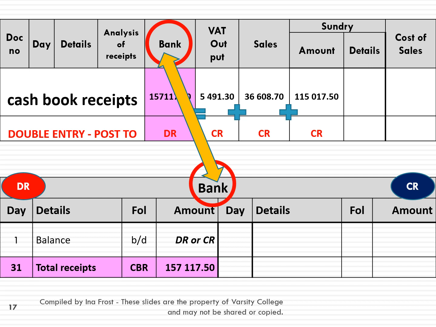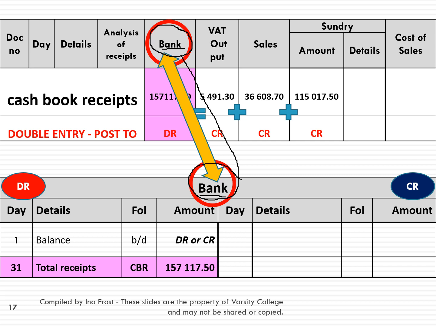So the first thing you have to note, if the column heading said bank, then it has to also say bank in the general ledger. Okay, so you can see my column heading in the cash book receipts had the word bank, and that's why I went to the bank account in the general ledger. So that's the first important thing to note, is that your name of the column must match up with the name in the general ledger.